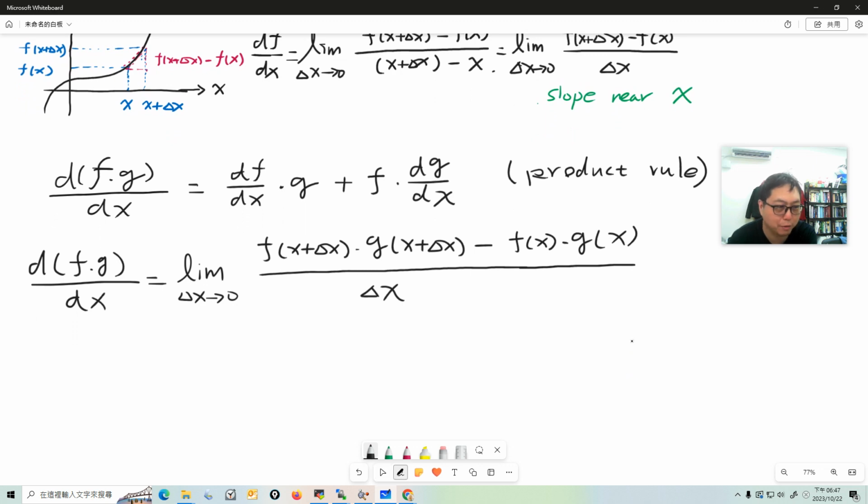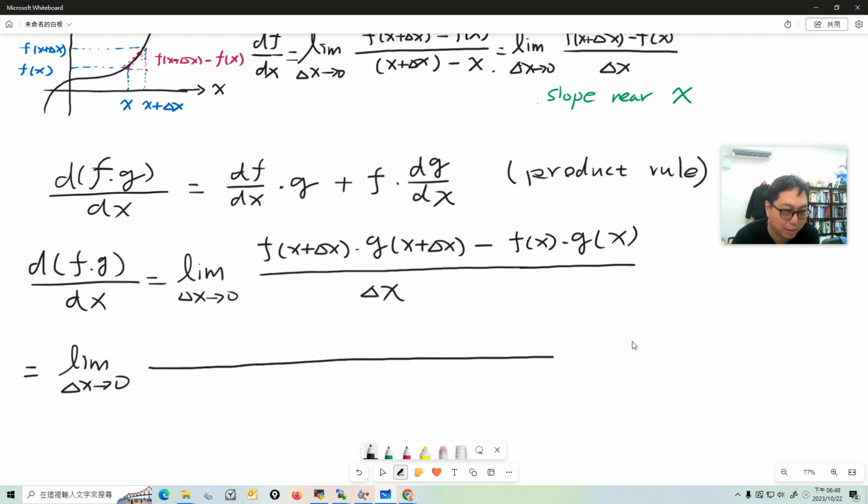This trick is kind of difficult to remember, so I need a little time to think about it. Actually, this trick is used a lot in mathematics.